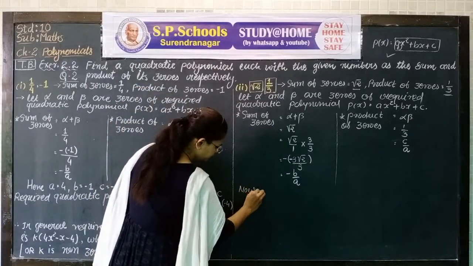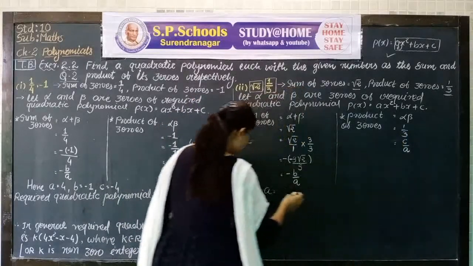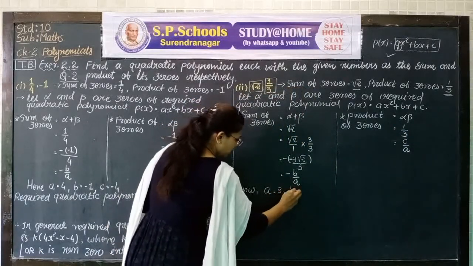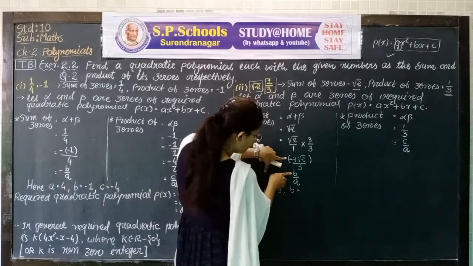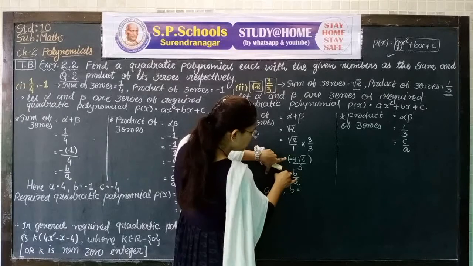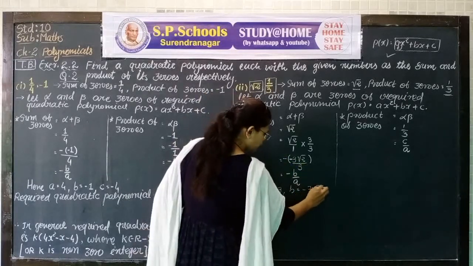Now a is equal to 3. B is equal to, comparing minus with minus, the outside minus closes, then b is minus 3 root 2.